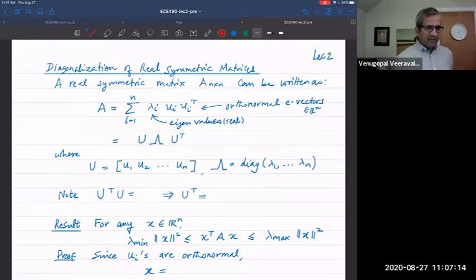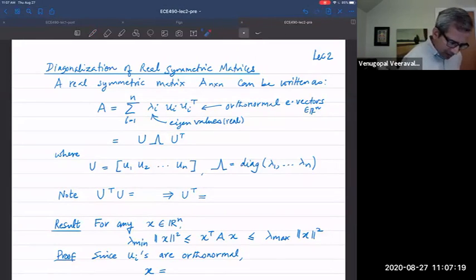You can write it as a sum of lambda_i u_i u_i transpose, summed over all the indices i. Of course, these eigenvalues are real, as we showed last time, and these eigenvectors belong to R^n and they're orthonormal.